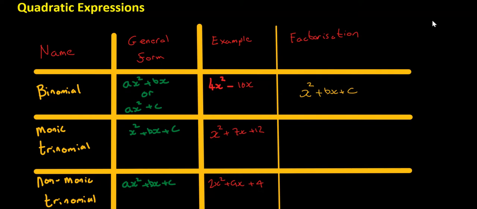Let's imagine the coefficient of x squared is not 1. That is referred to as a non-monic quadratic trinomial.